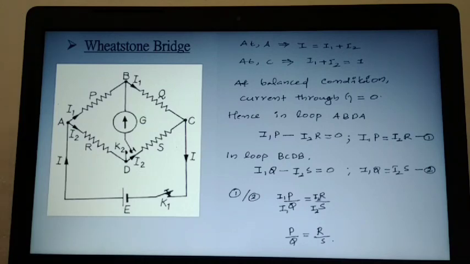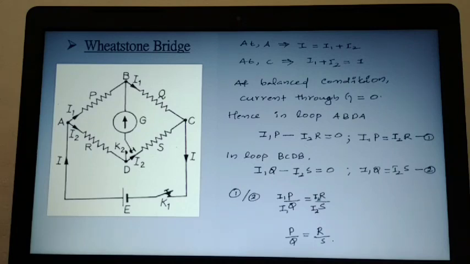What it says is that when you are arranging four resistors in Wheatstone bridge arrangement, at balanced condition, the ratio of resistors on either side of the galvanometer is the same.